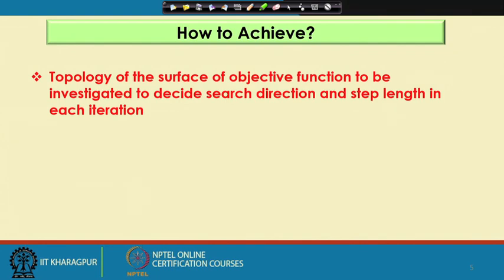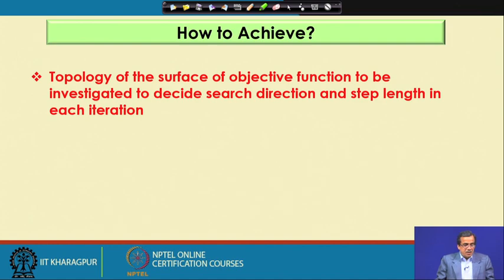Now, how to achieve it? To achieve this intelligent optimization tool, you will have to follow a few steps. What you will have to do is study the topology of the objective function. As I told, suppose I have a function of 10 variables, y is a function of 10 variables, and I will have to optimize this function, say maximize or minimize.